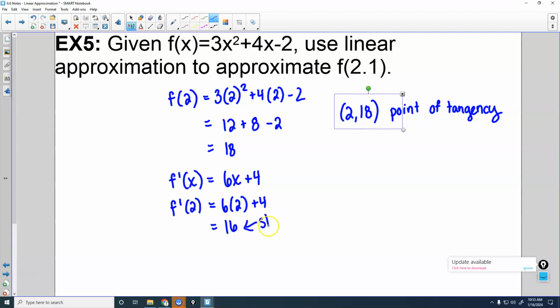That is our slope. So our tangent line is going to be y equals 16 times (x minus 2) plus 18.